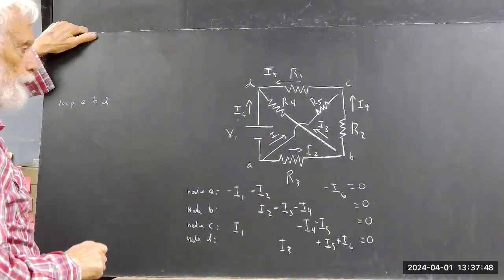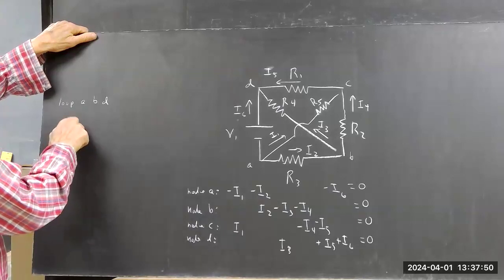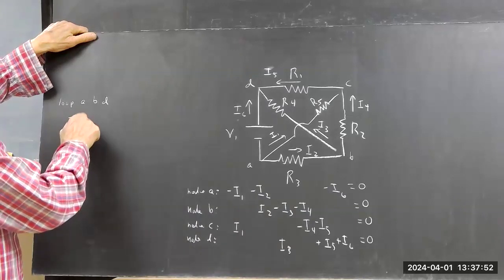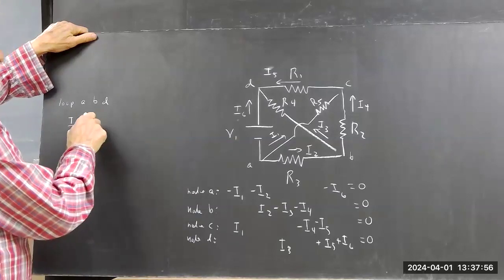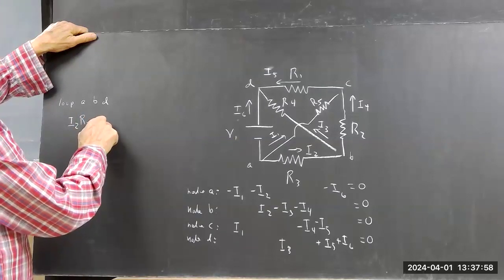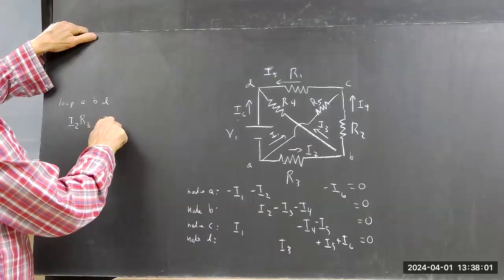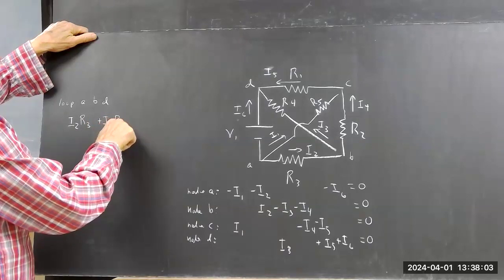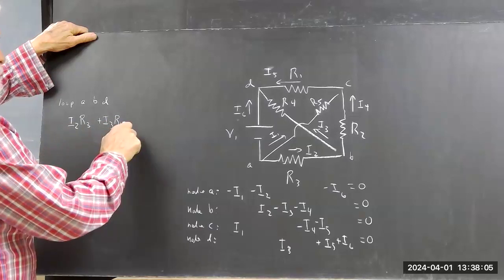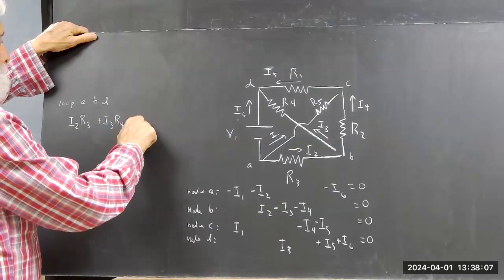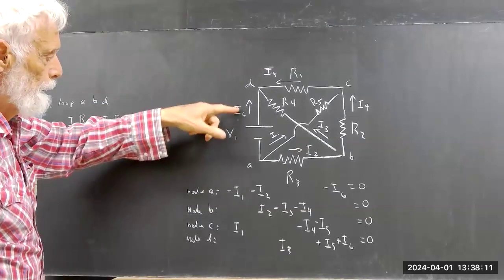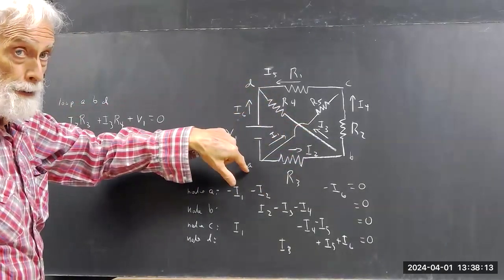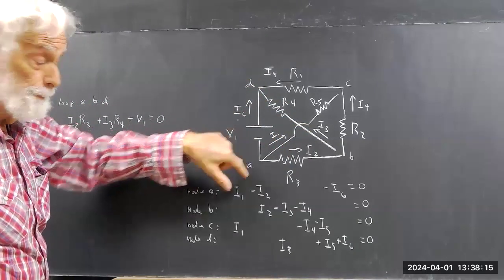I'm going to have voltage drops I2, R3, and I3, R4, and then B1, if my voltage will drop across B1 if I follow the loop in this direction.